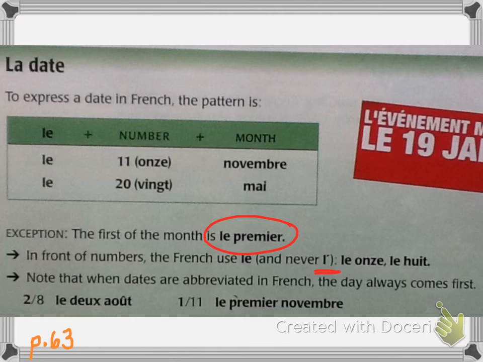And again, pay attention on tests and quizzes, because if your book is abbreviating dates, this to us might look like February 8th, but it's actually the 2nd of August. So they still put the number followed by the month. So this is not January 1st, this is the 1st of November. So do be careful when you're looking at dates in French that you don't make mistakes.